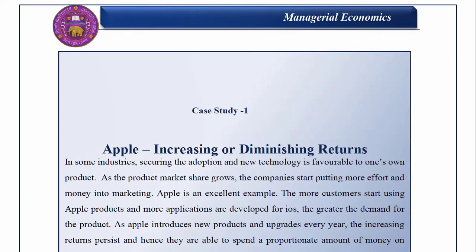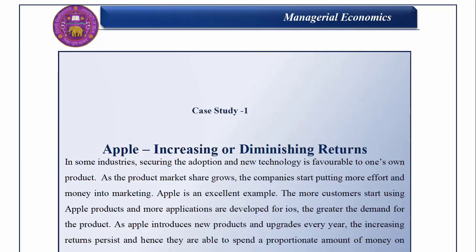Case study number 1. Apple: increasing or diminishing returns. In some industries, securing the adoption of new technology is favorable to one's own product. As the product market share grows, the companies start putting more effort and money into marketing. Apple is an excellent example.